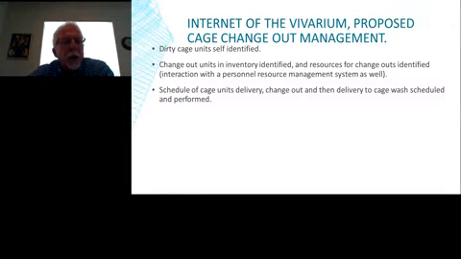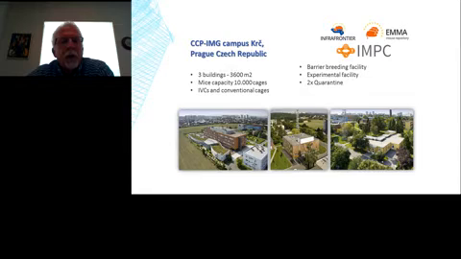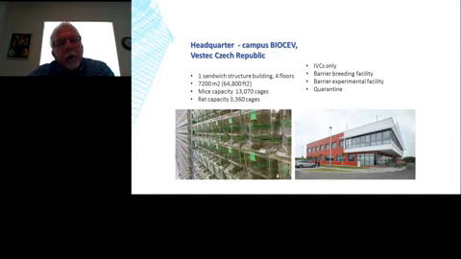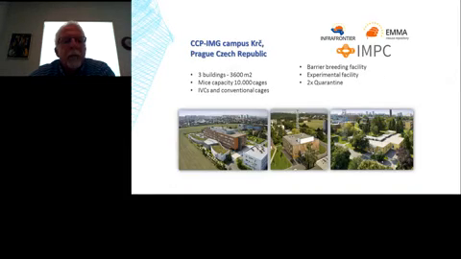So in speaking of baby steps, what I want to do is take us to a facility that is in Prague, Czechoslovakia, and talk about what they have done at this particular facility, which is the Institute of Molecular Genetics. This is a facility that has had a lot of background in regards to going ahead and developing their supply of mice to all of Europe.